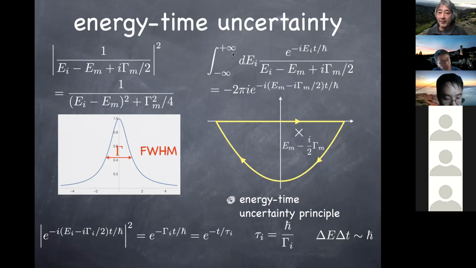And because I didn't write a factor of square root 2 pi in either the t integral or the E integral, after doing an inverse Fourier transform, I end up getting a factor of 2 pi. Okay? Right, thank you. Good, good. No, this is a good question. Any other questions here?